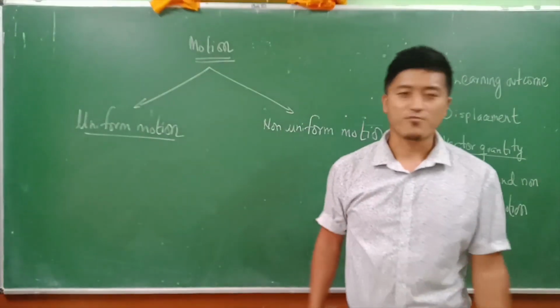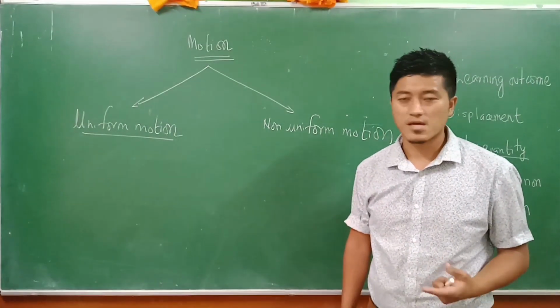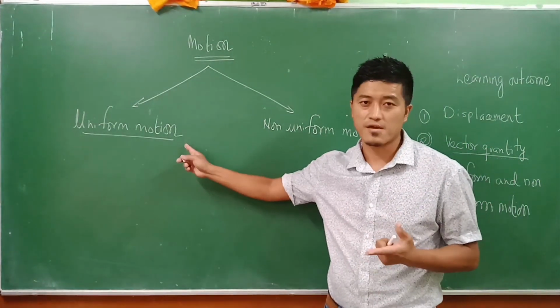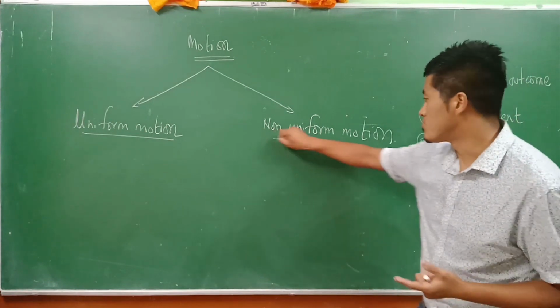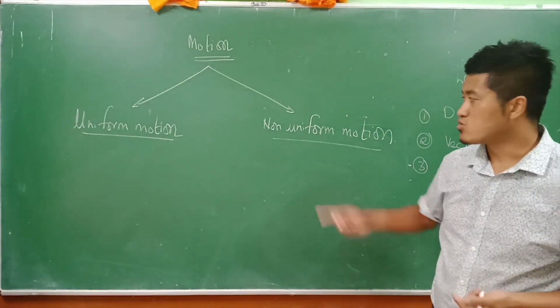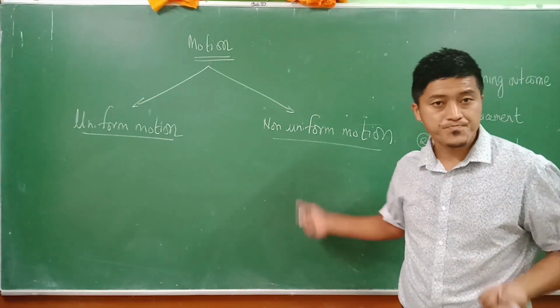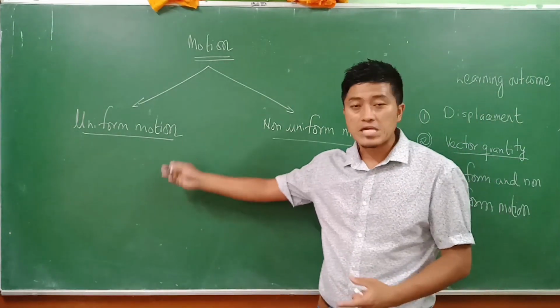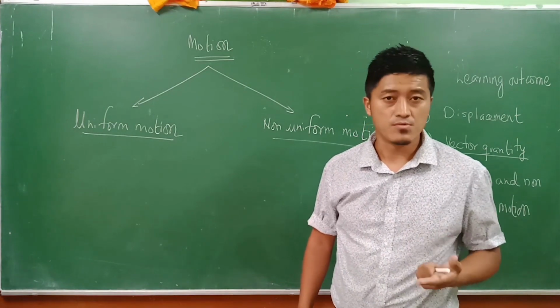It is very important for all of us to feel that we witness uniform motion and non-uniform motion in our everyday life. For example, we are more used to non-uniform kind of motion, but we also see a uniform kind of motion in our life too, right?